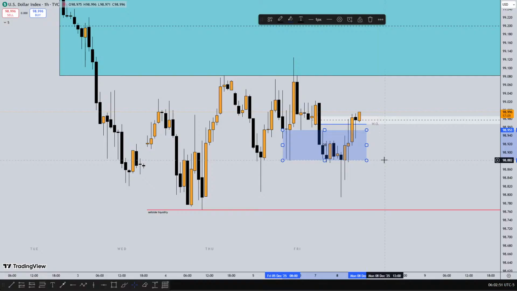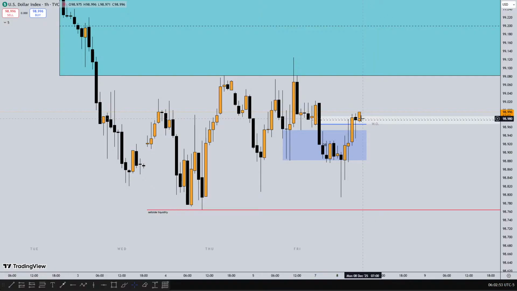So on the 1 hour time frame, I'm anticipating lower prices just as I explained from the daily time frame, so the same bias for price to run the sell side liquidity. And currently the 1 hour trend is aligned with the idea.